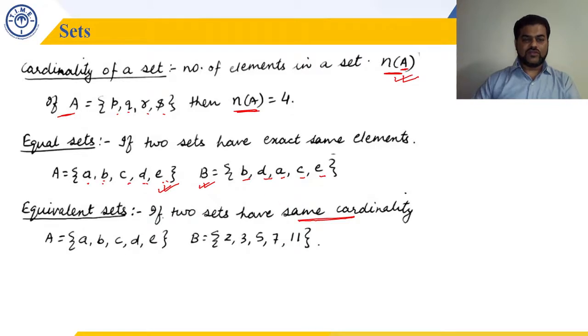Let us look at this example. We have A, B, C, D, E, 5 elements, and 2, 3, 5, 7, 11, again 5 elements. So these are equivalent sets but not equal sets, because the number of elements is the same, but the elements themselves are not exactly the same. I hope the difference is clear between equal sets and equivalent sets.